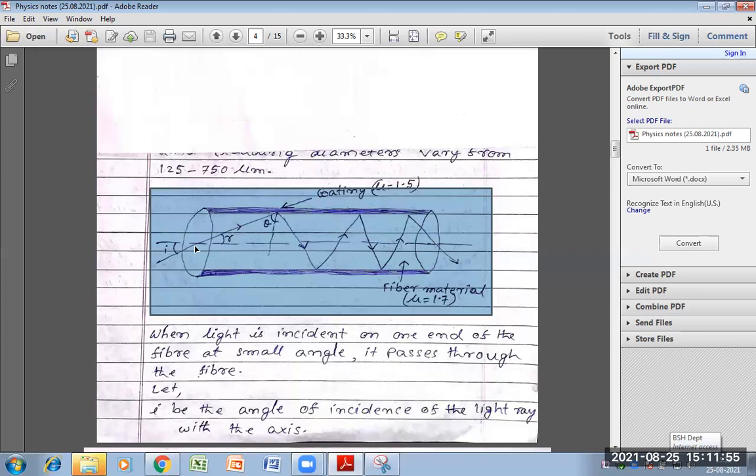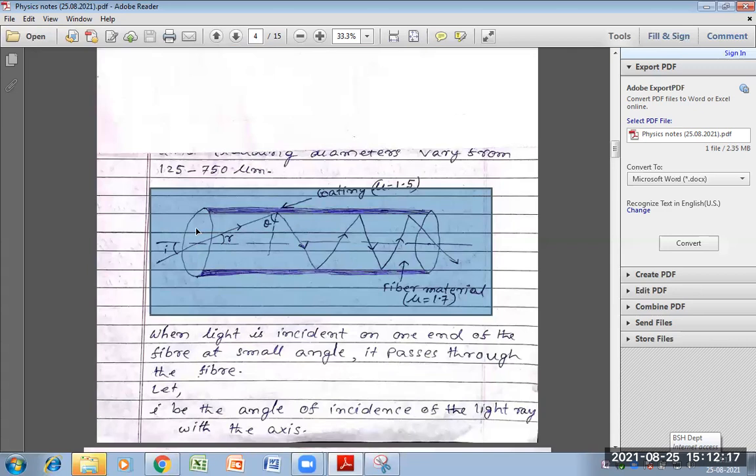The end at which light enters the fiber is known as the launching end.